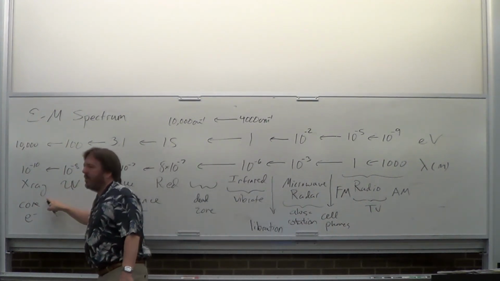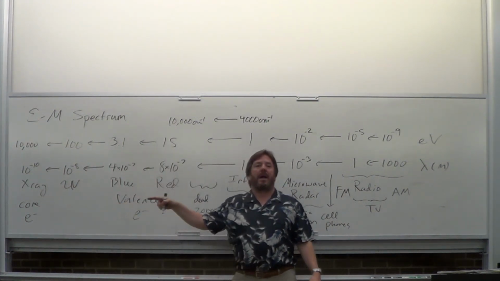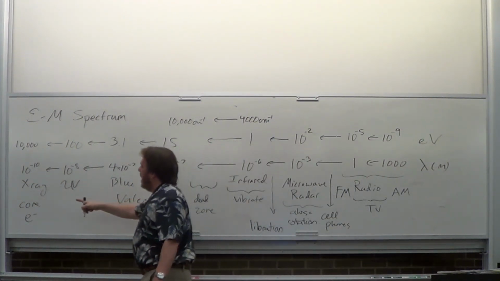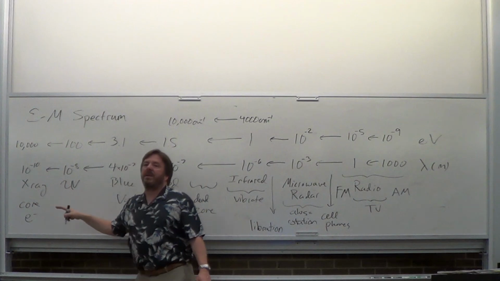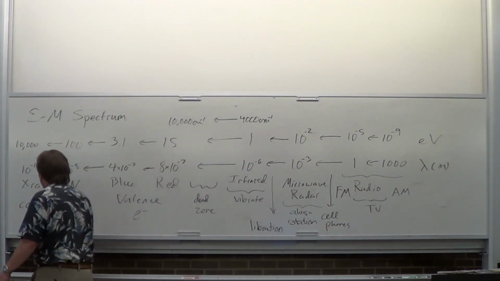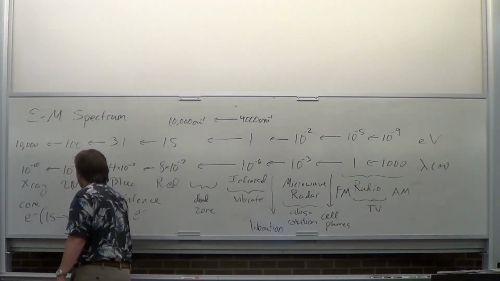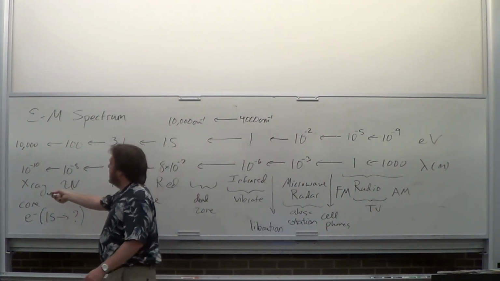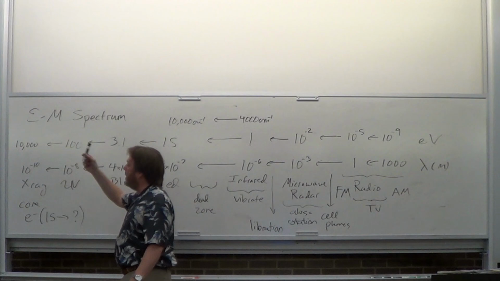When you have X-ray, let's say you have a big heavy atom like copper or cadmium, it's still an electronic transition, but it's from the 1s orbital to wherever. Next time I'm going to tell you how we make light at that wavelength.